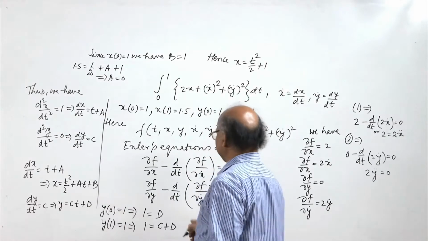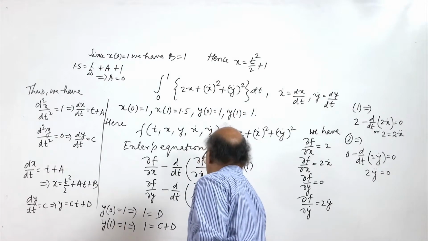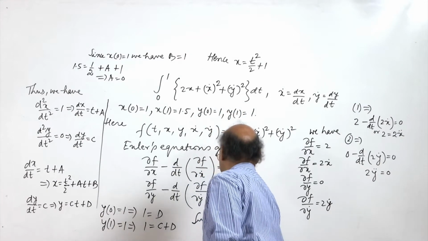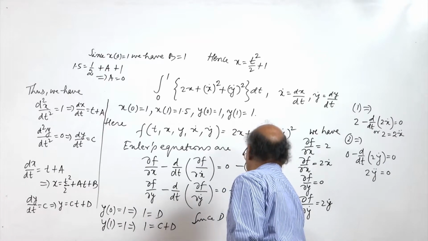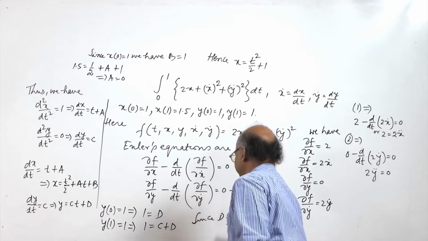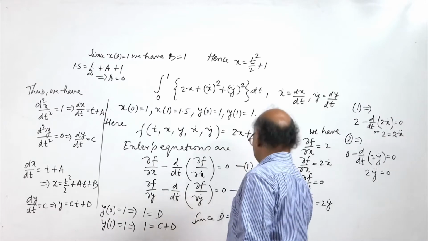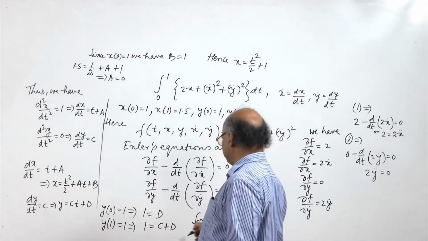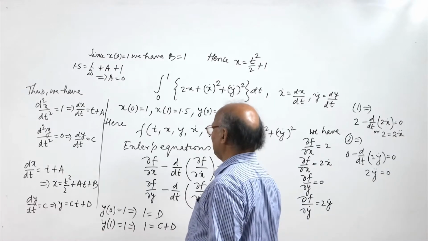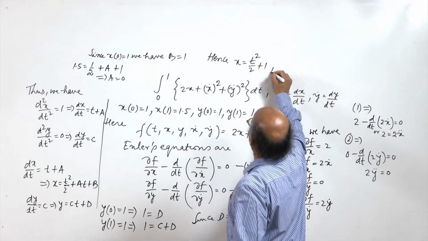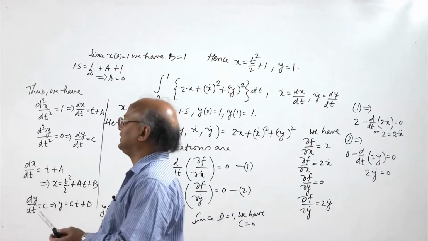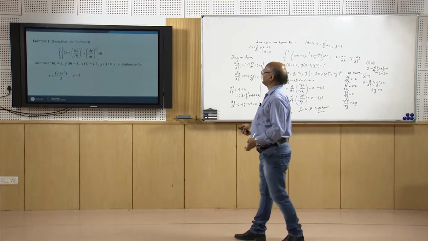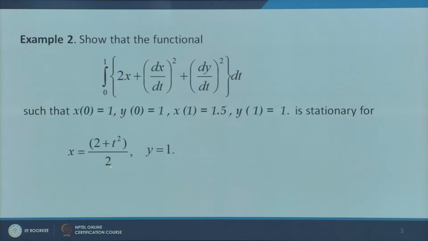So since d is 1, we have c equal to 0. So c is equal to 0, d equal to 1. So we get y equal to 1. So we get the extremal of the given functional as x equal to t square by 2 plus 1 and y equal to 1.